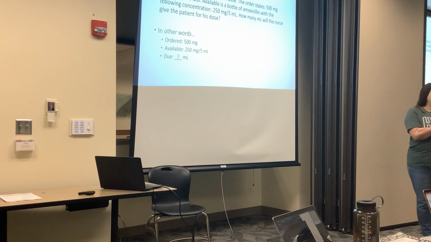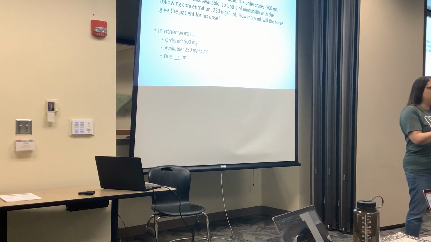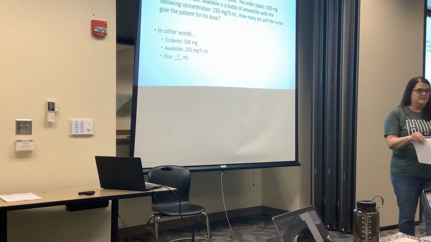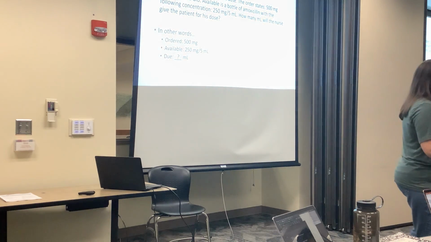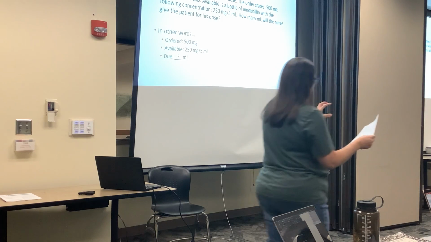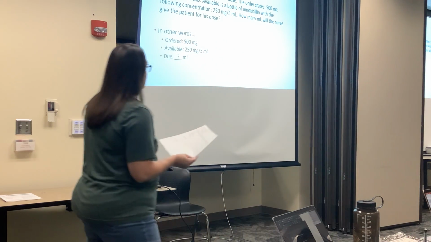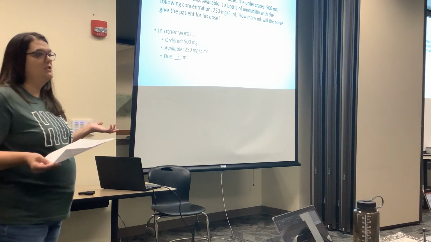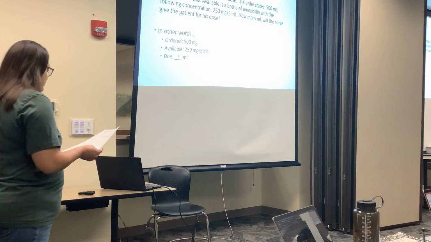The vehicle or quantity is the amount that it's dissolved in, which is 5 mLs. So you have 250 and 5 mLs. The dosage on hand is 250. The vehicle or the quantity is 5 mLs. Do you understand that? That helps. And then X is what you're solving for, the amount to give.